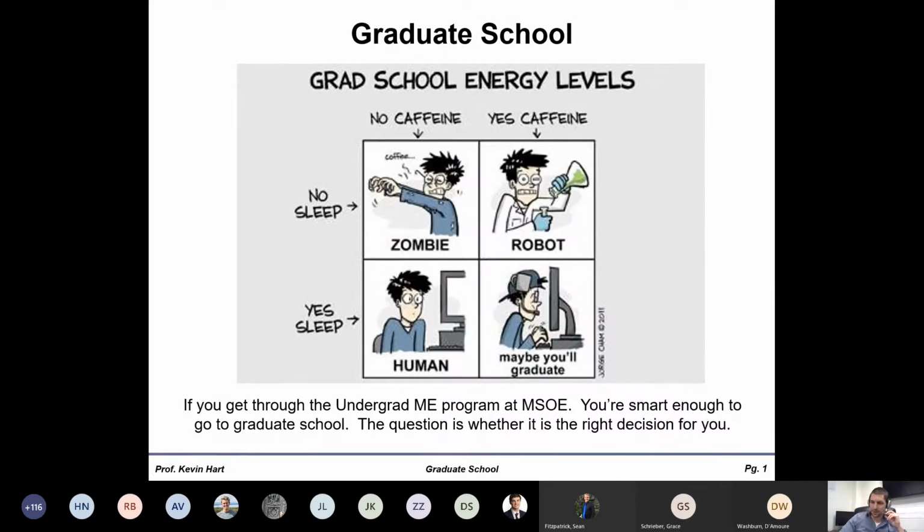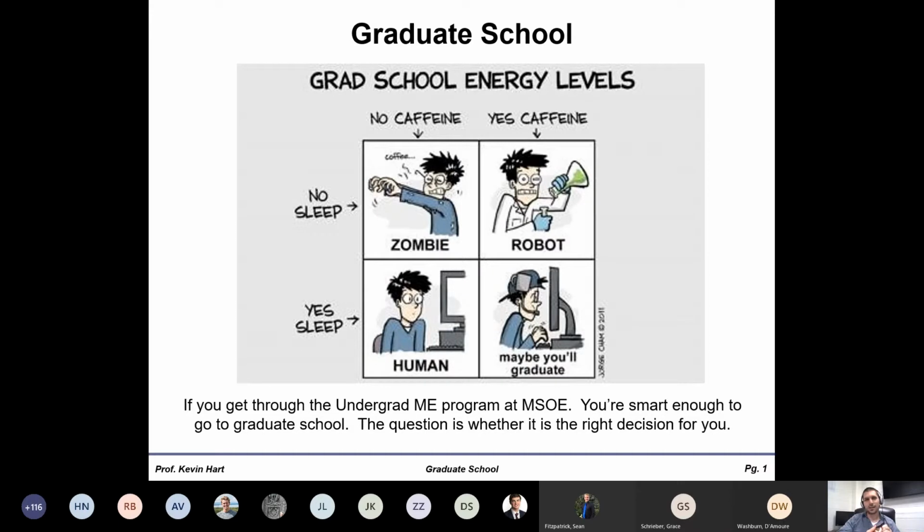Personally, I don't think MSOE does a very good job advertising and talking about graduate school with its students. I think that's traditionally because MSOE, by its own history, has been imbued in the Milwaukee blue collar industry to produce engineers that work in local companies. But as the world has evolved, MSOE is now delivering engineers not just locally to the Midwest, but because of the ease of transport all around the world.